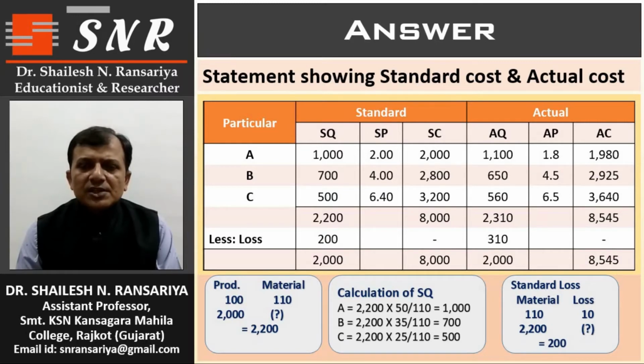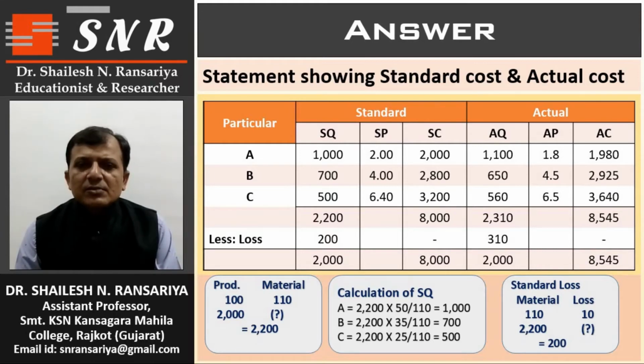Total actual quantity 2310 and total actual cost 8545. Now actual production is given as 2000 kilograms. So the difference of 310 will be known as actual loss. Again, the scrap value for this loss is not available, so the net actual cost will remain the same, rupees 8545. Now we will calculate variances.